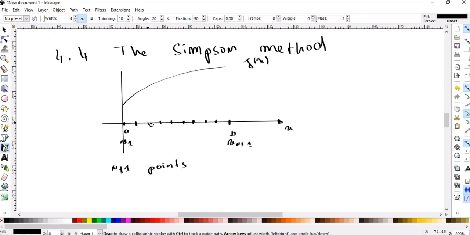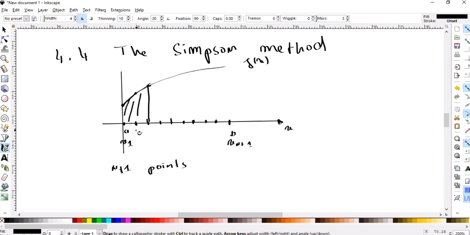In the Simpson method, we consider each 3 points, x1, x2, x3, and we construct the Lagrange interpolation polynomial based on these 3 points. We calculate the area as the integration of this Lagrange polynomial.